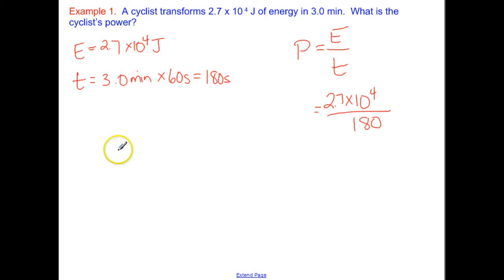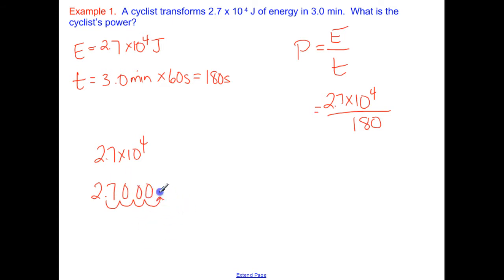Now I'm just going to show you how to enter scientific notation. This is scientific notation, 2.7 times 10 to the 4. In your calculator, you can enter it just like this if you have a calculator with the exponent key. Or remember the long way of expanding this to a regular number. 2.7 times 10 to the 4 just means we're moving the decimal 4 places to the right: 1, 2, 3, 4, and the remaining spots get filled with zeros.